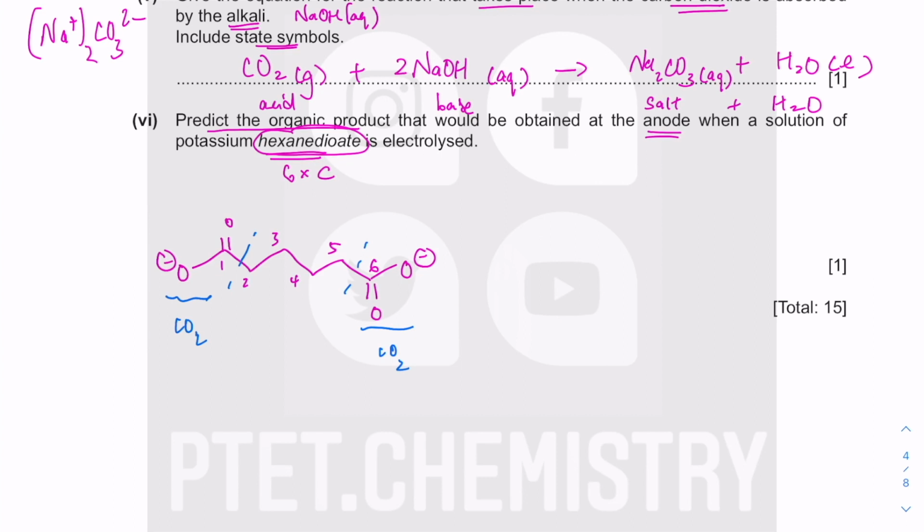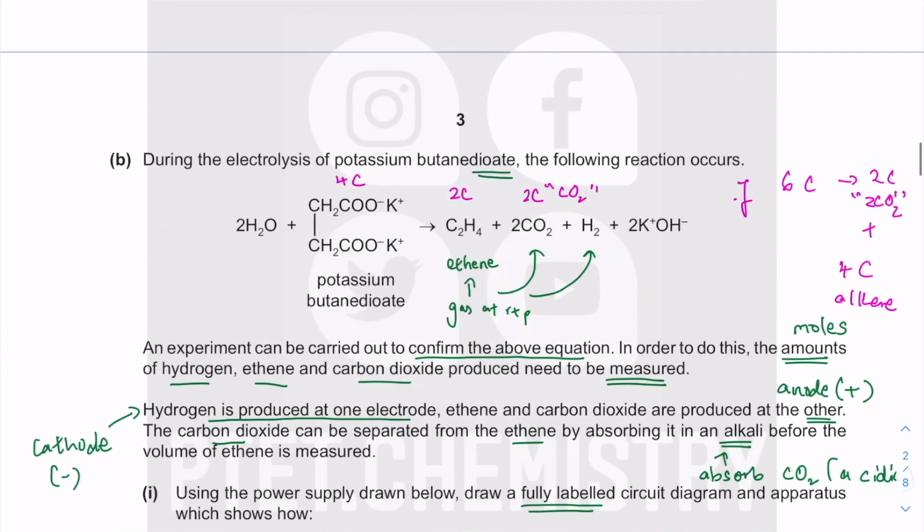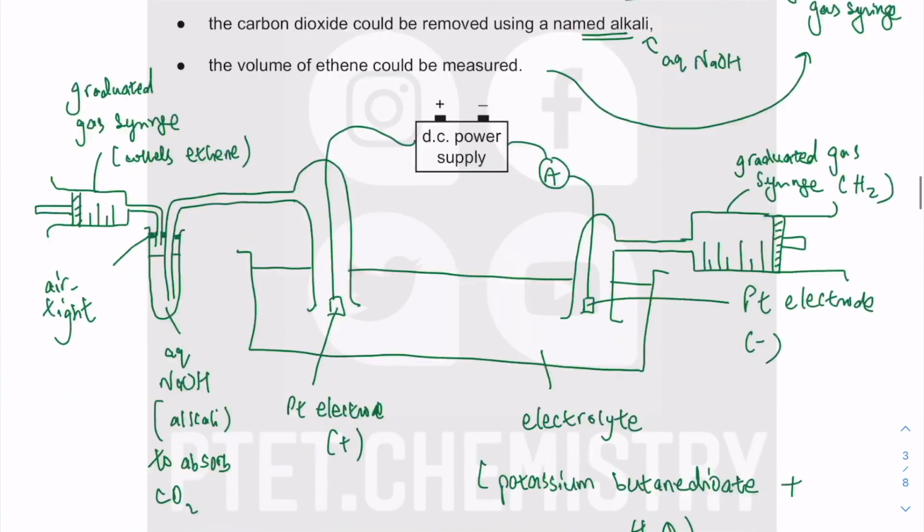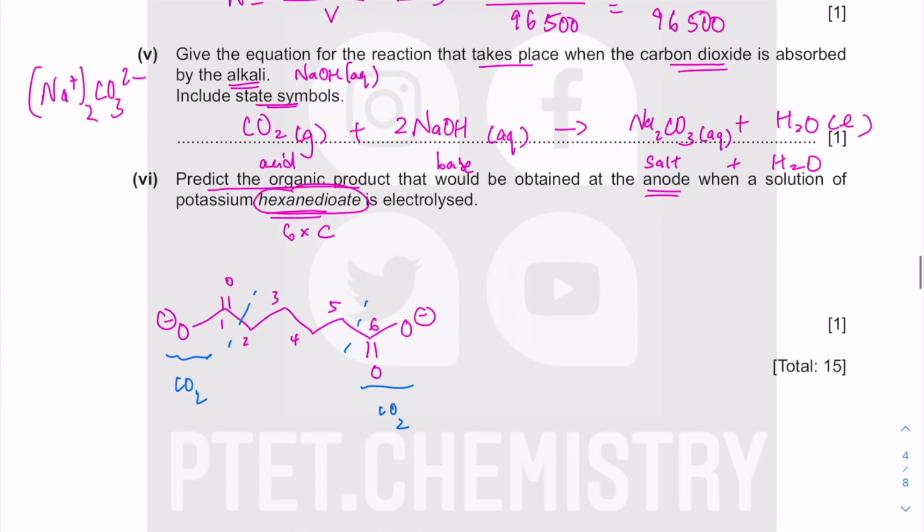So what actually happened? As I mentioned earlier, just like in the previous case, you get the formation of only 1 carbon double bond. The previous one was a 2 carbon alkene, so now you will get a 4 carbon alkene. You get 2 CO2 plus a 4 carbon alkene.